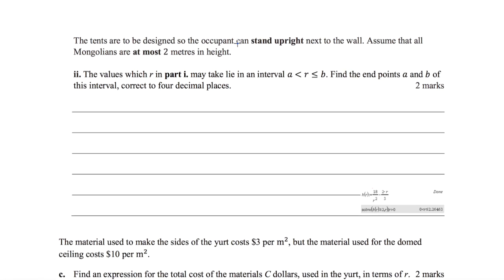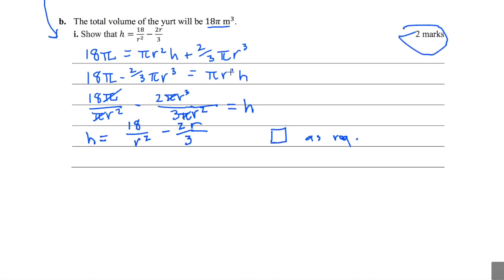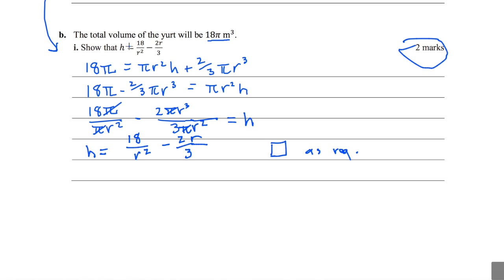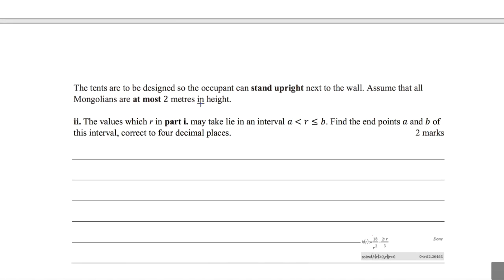All right, this is where it gets a bit trickier. If we go back and have a look at part I, we can see that the height is related to the radius in this way. Now, I think the question's worded a bit unclearly, but what it's saying is the height of the yurt needs to be at least 2 meters high, because anyone that goes in needs to be able to stand upright, whatever that means, next to the wall.